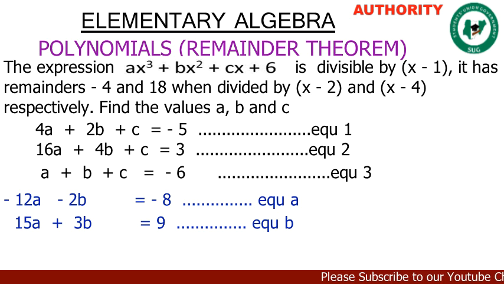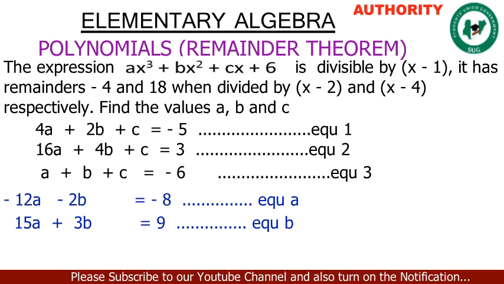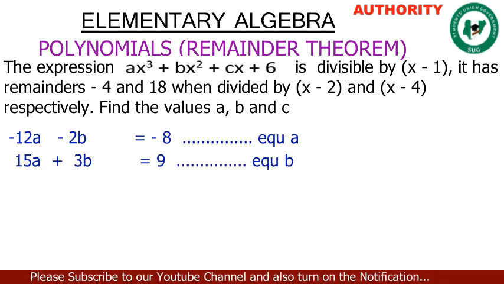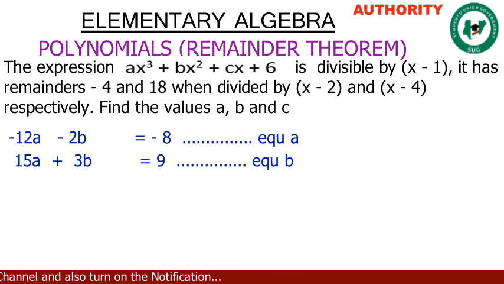So we want to make this to be equal. Now listen and see what I'm going to do. The coefficient of the first equation, I'm going to use it to multiply the second equation. And then the coefficient of the second equation, I'm going to use it to multiply the first equation. Now let me show you what I'm trying to say. I want to eliminate B.